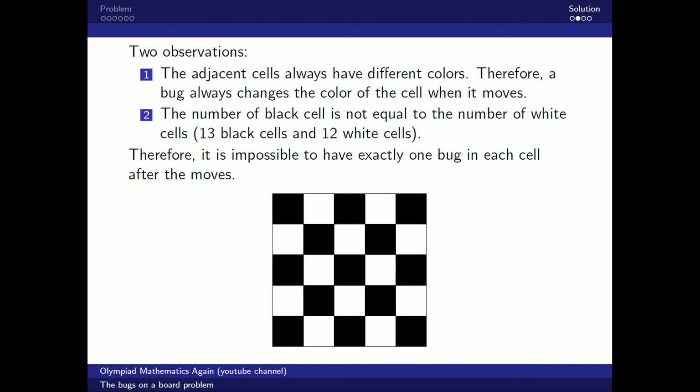So we have 13 bugs in white cells, but we have only 12 white cells. It's impossible to place 13 bugs in 12 cells so that there is exactly one bug in each cell. So there will be at least one white cell with more than one bug, and at least one black cell that is empty after the move. This is basically the solution, that's it.